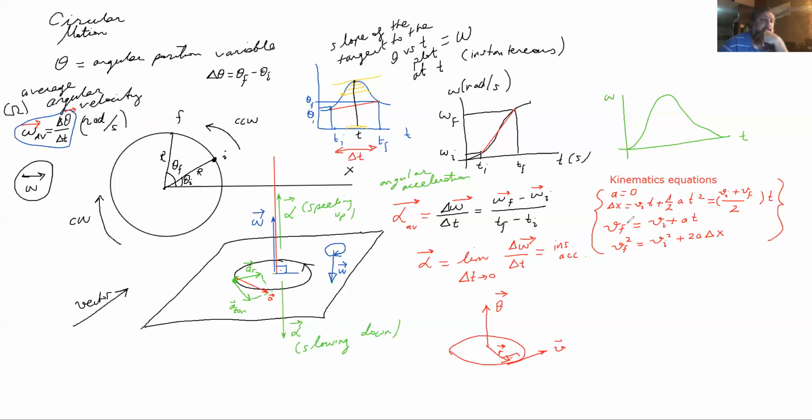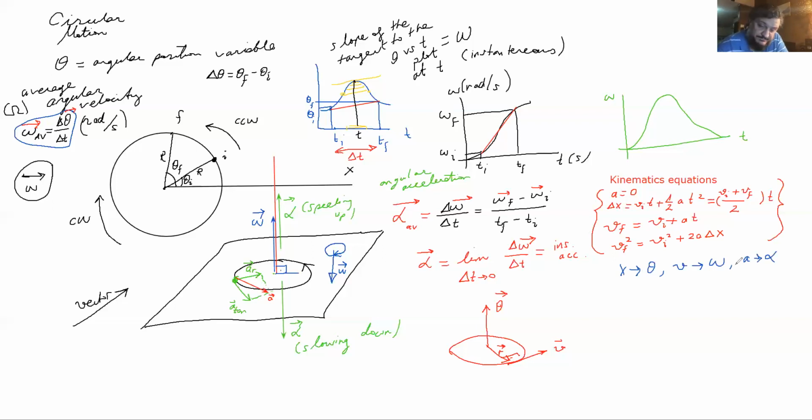Okay. Now, in our case, for circular motion, we're going to replace these variables with their counterparts. For instance, x will become theta. V, velocity, will become omega. And instead of a, we're going to use alpha.